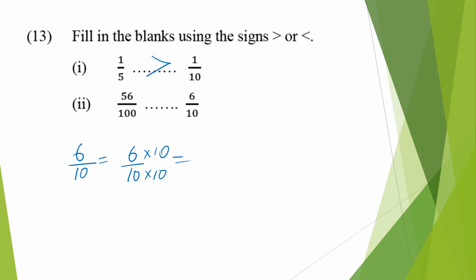Then you get 60 over 100. Now you can see what is greater. Is it 56 over 100 or 60 over 100? Actually 56 over 100 is less than 60 over 100, right? Therefore 56 over 100 is less than 6 over 10. So this is how you get the answer.